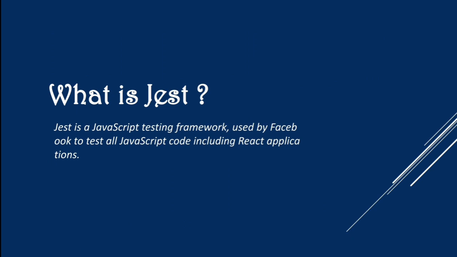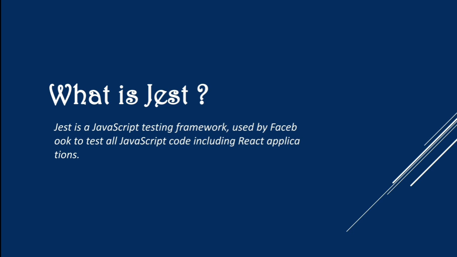Next, what is Jest? Jest is an open source JavaScript testing library from Facebook. It's also called Delightful JavaScript Testing. While Jest can be used with any JavaScript library, it shines when it comes to React and React Native. This is not a surprise as both React and Jest come from Facebook.